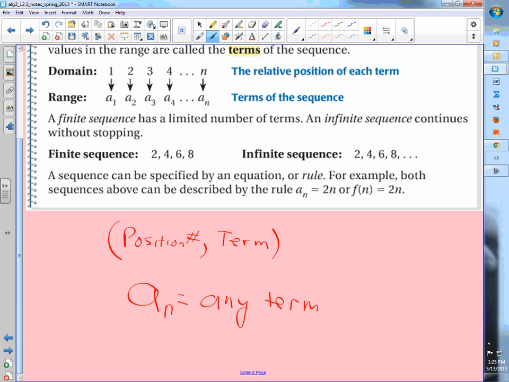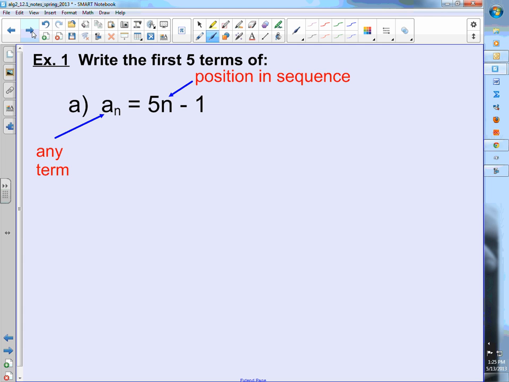We're going to be concerned with coming up with a rule that will generate the terms of our sequence. This would be considered a rule to generate your terms.